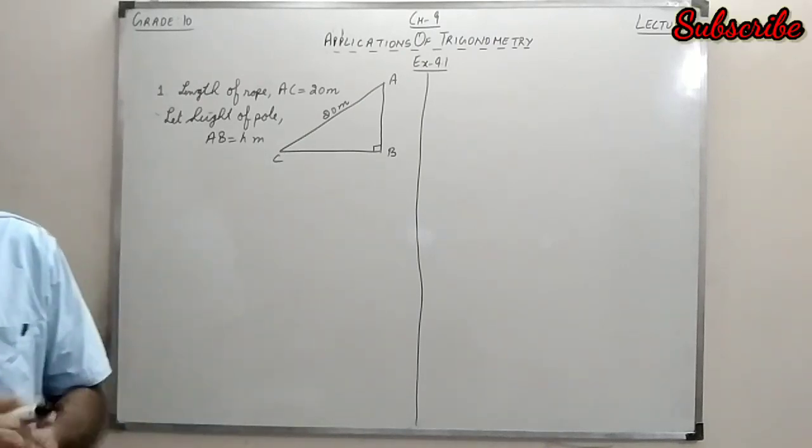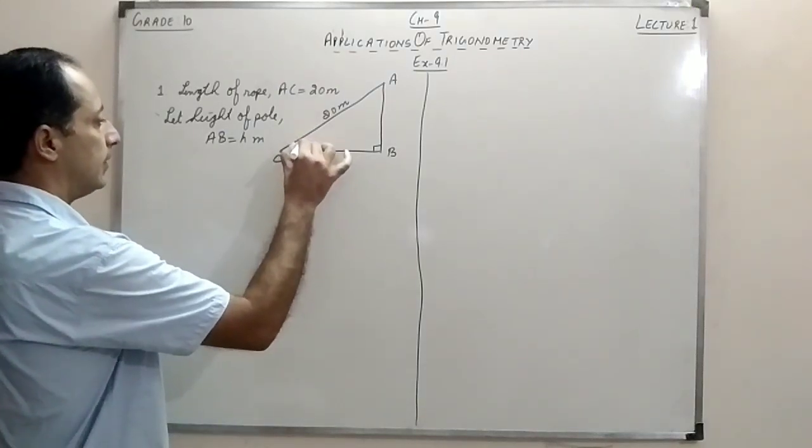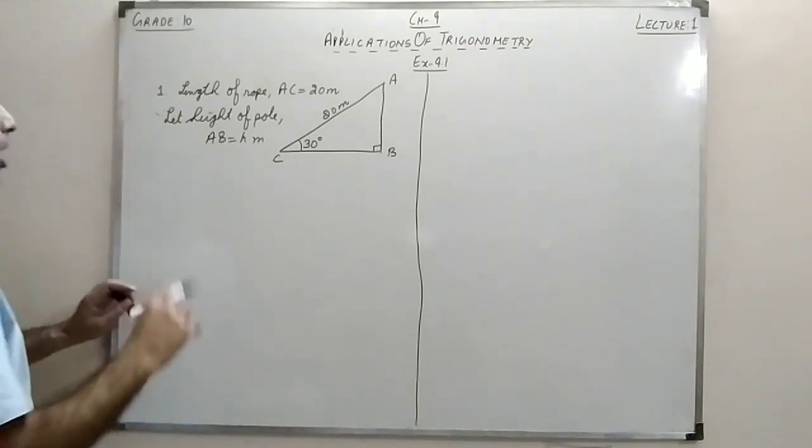Now, one thing more is given, that the angle made by the rope with the ground level is 30 degrees.